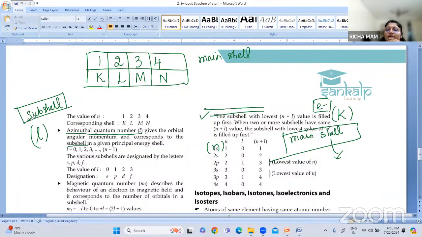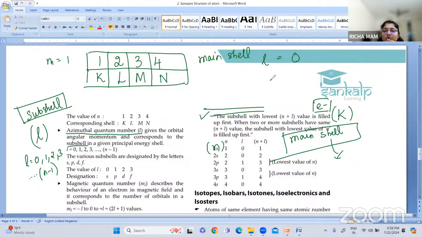The values of l will be 0, 1, 2, 3 up to n minus 1, where n is the principal quantum number. The value of l starts with 0, and n starts with 1, then 2, 3, and 4.